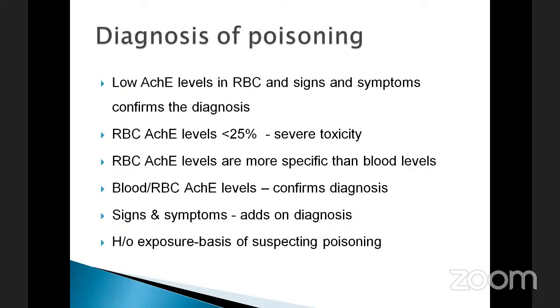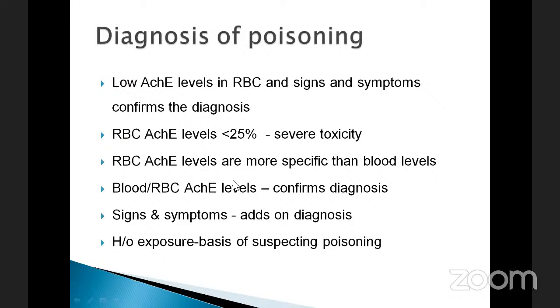For diagnosis of poisoning, mainly you can see low acetylcholinesterase levels in RBC, which can then be confirmed with signs and symptoms, which help in diagnosis. If RBC acetylcholinesterase levels are less than 25%, severe toxicity can be seen.